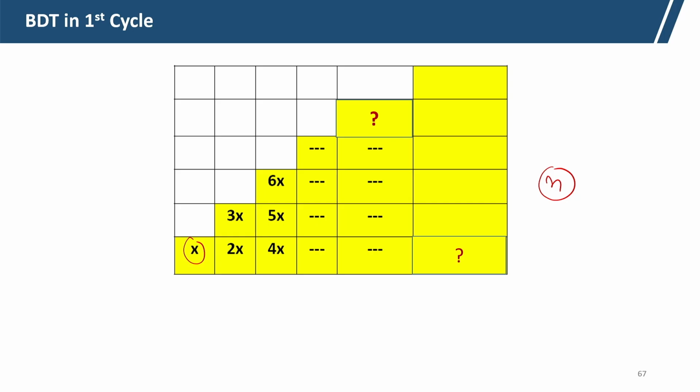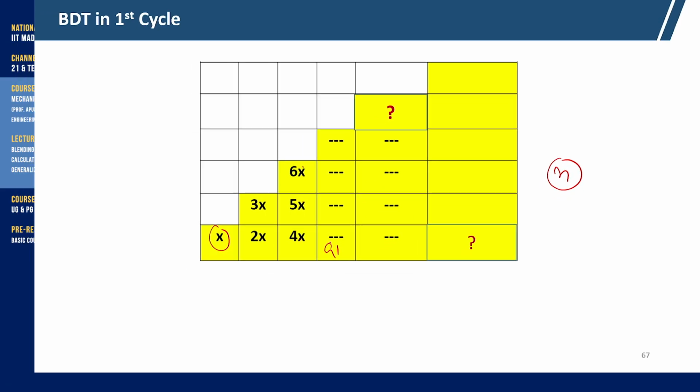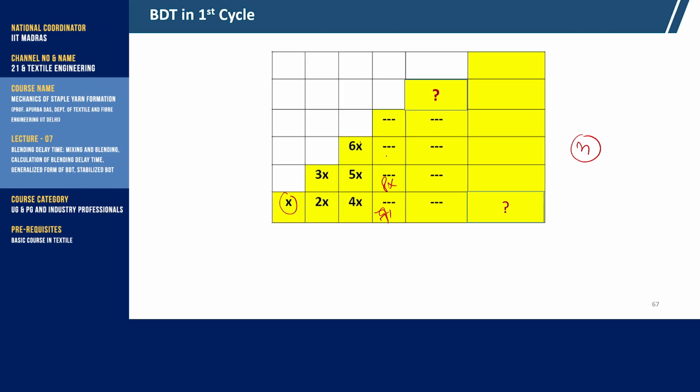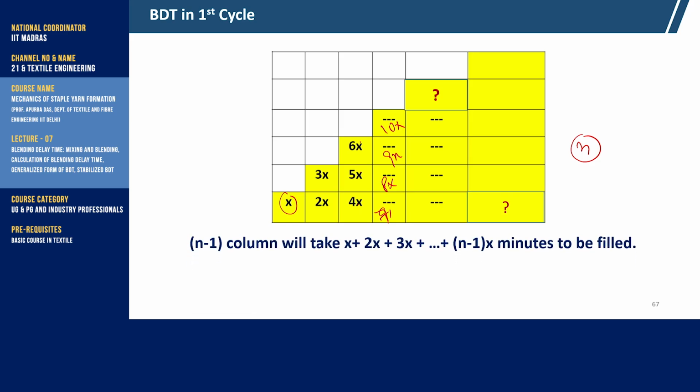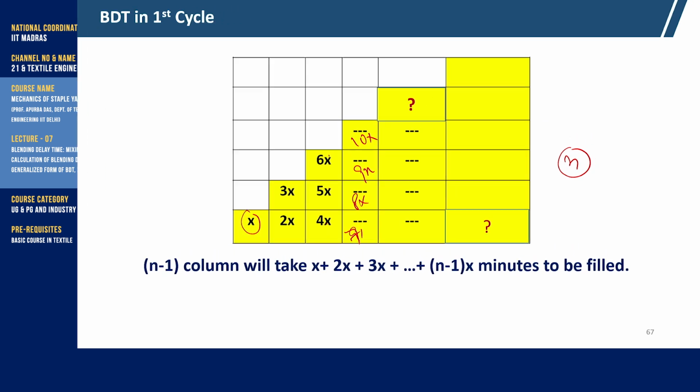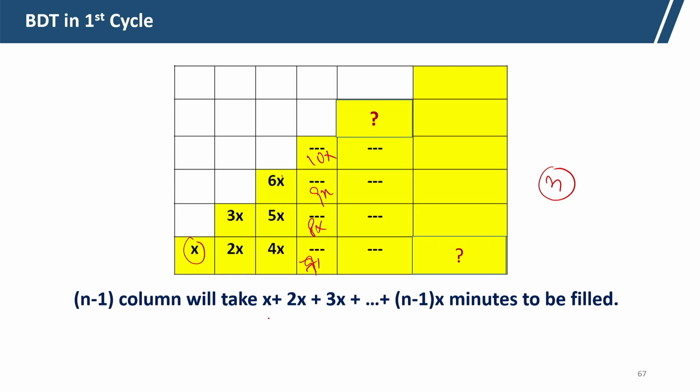So, x, 2x, 3x, 4x, 5x, 6x, 7x, 8x, 9x, 10x, in this fashion it will go, okay, for filling. Now, here we can see, so for the n minus 1th column it will take x. So, there are different columns, it will take x plus 2x plus 3x up to n minus 1 x minutes to be filled. Okay.